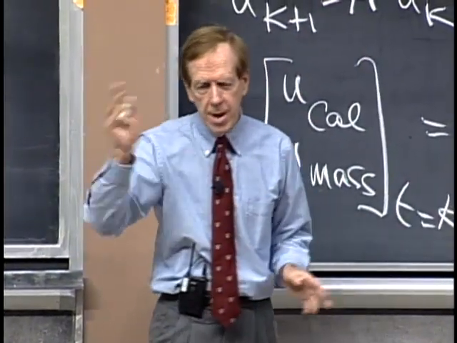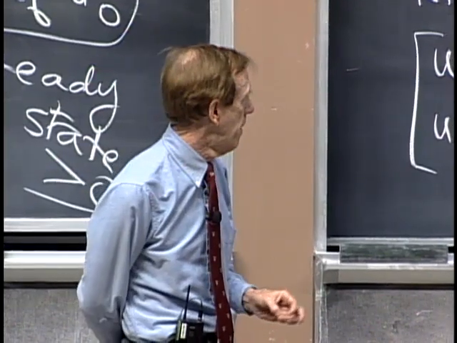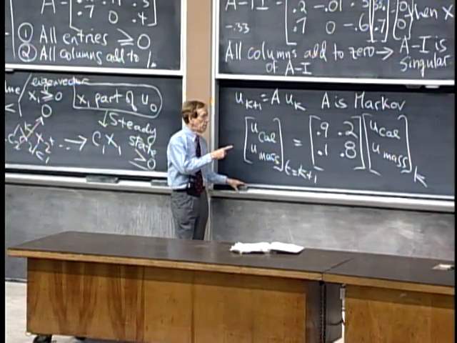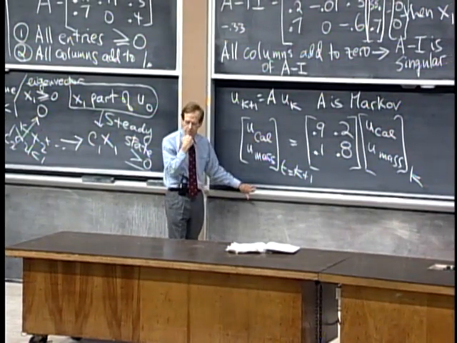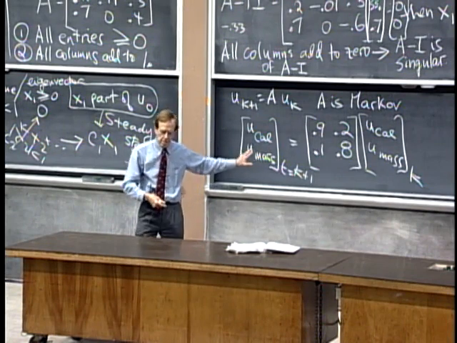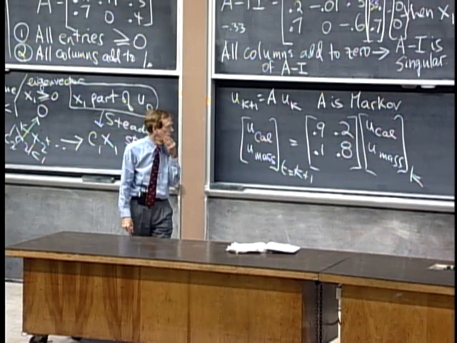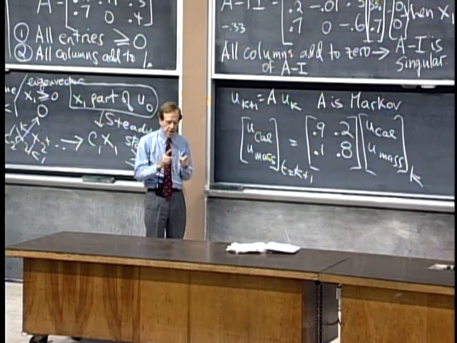And actually, where will they be like way out 1,000,000 years from now? I could take the powers of this matrix. In fact, you ought to be able to figure out what is the 100th power of that matrix. Why don't we do that? But let me follow the steady state.